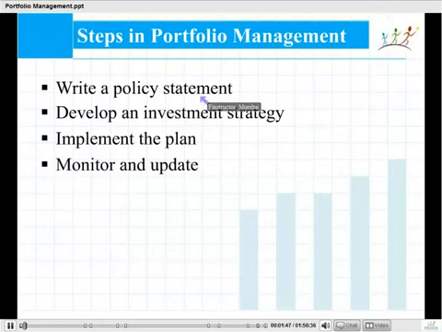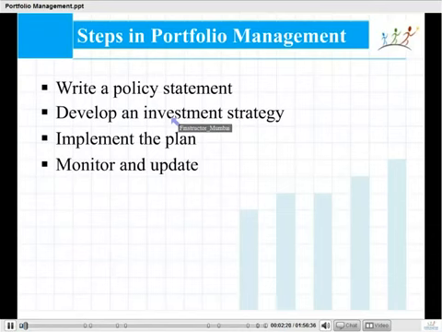Once you have documented the policy statement, you need to develop an investment strategy. The investment strategy will come from evaluating the capital market expectations, seeing what returns equity is expected to give, what returns the fixed income market is expected to give, what are the returns that any alternative assets can give us, and deciding, based on the return and risk objectives and the capital market expectations, where clients' money should be invested such that all objectives are met.